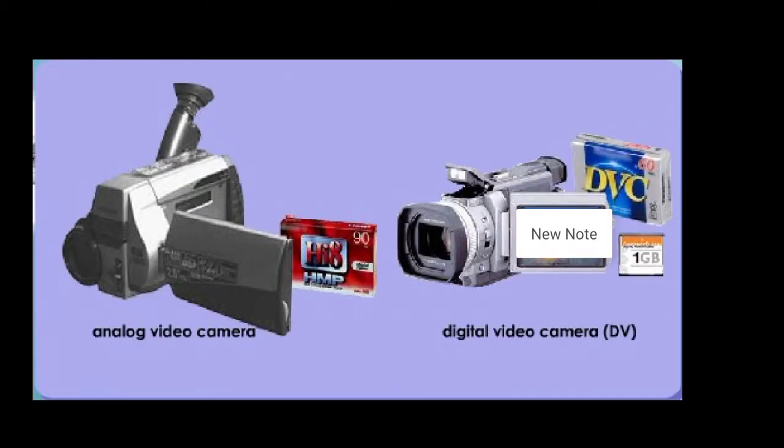But in a digital video camera, data can be stored in a drive like an SD card. It is a rewritable one. If you want to delete, add, format, or rewrite, you can do it anytime, any number of times.